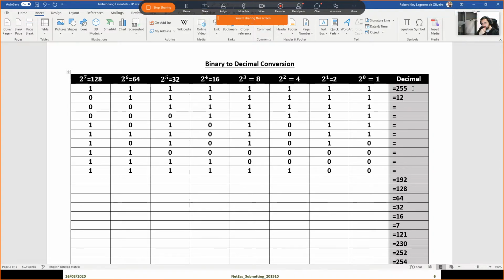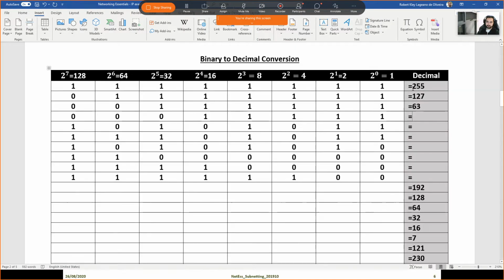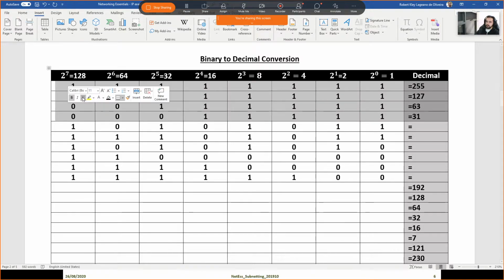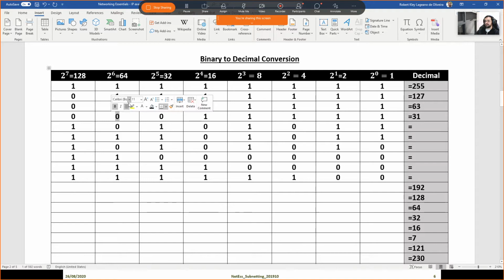It's 127. It would be 63. Sorry, yeah, 63. It's 31. 15. No, it's 128. 171.